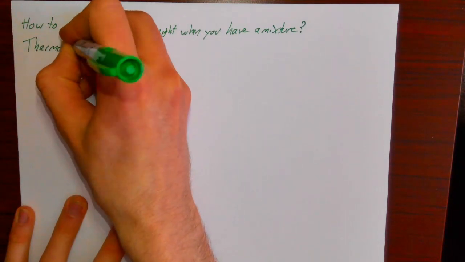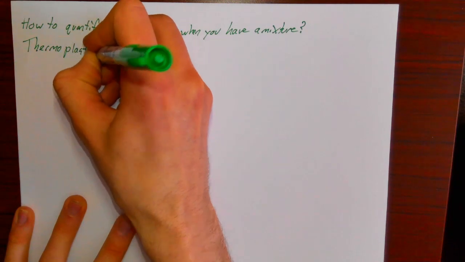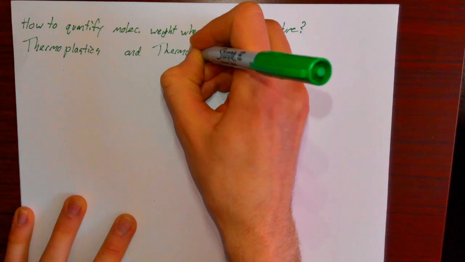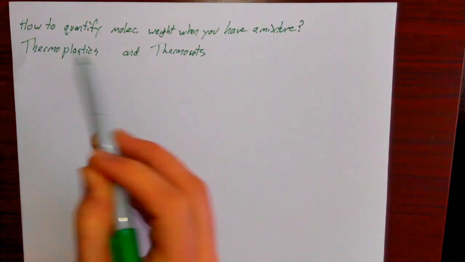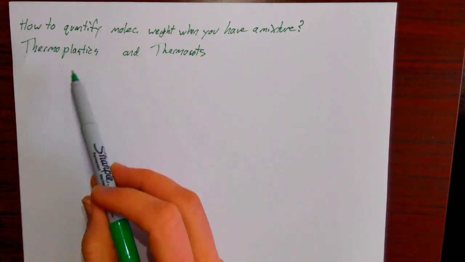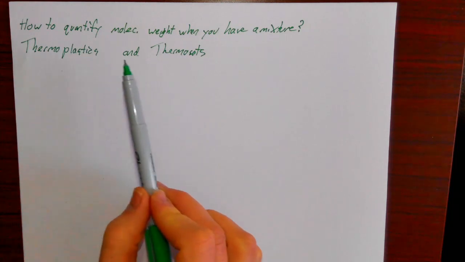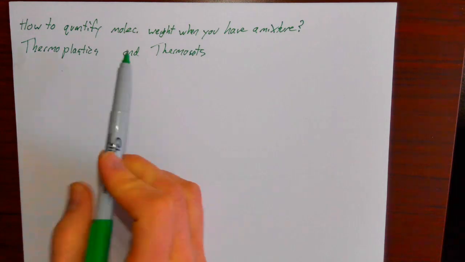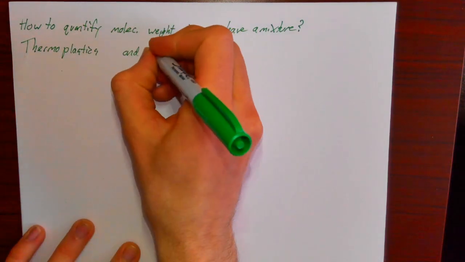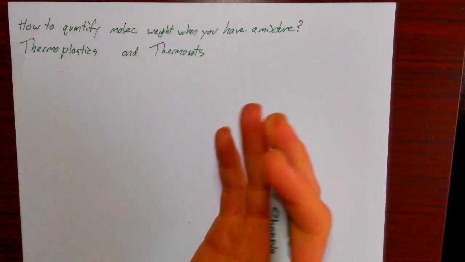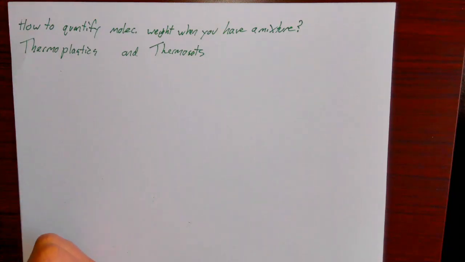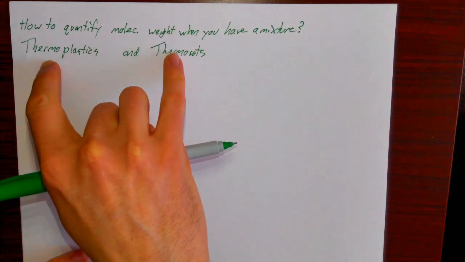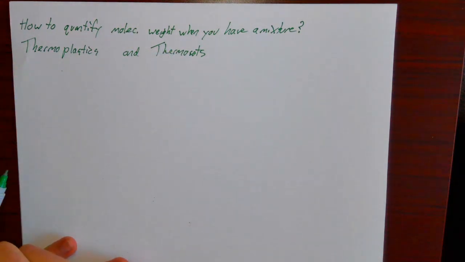We'll talk about what the distinguishing characteristics are between the two, and what applications you might want to use thermosets versus thermoplastics for. If you wanted to choose a polymer for some engineering application, you might then be informed as to which one to choose.